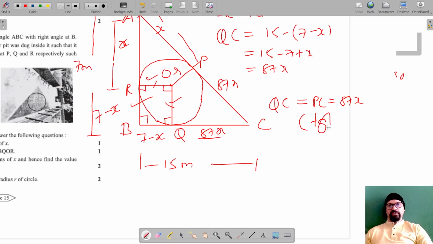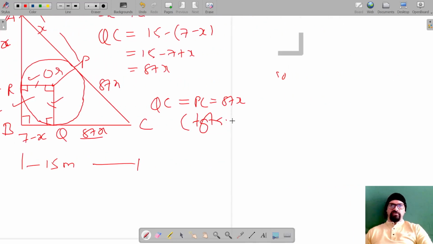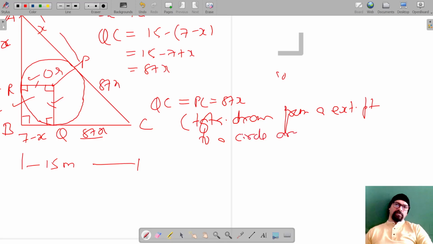The reason being that the length of the tangents drawn from an external point to a circle are equal.